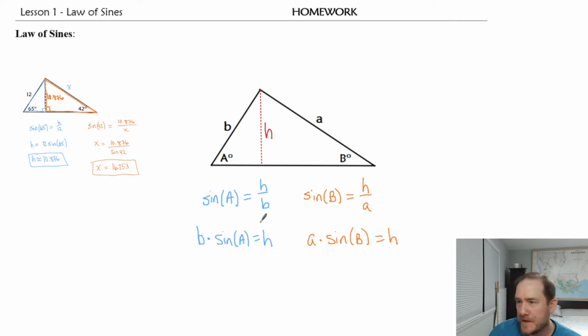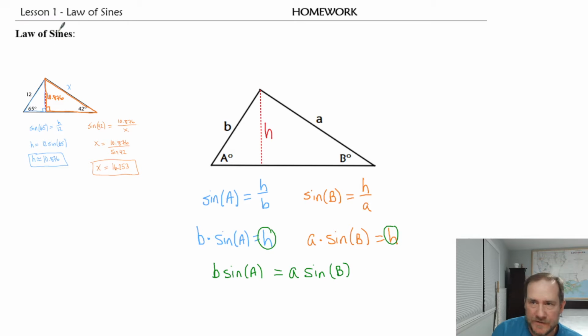Now, hold on. If both of these expressions are equal to h, then I can take these two expressions and set them equal. So apparently B times the sine of angle A has to be equal to A times the sine of angle B. And this is exactly where the law of sines comes from.